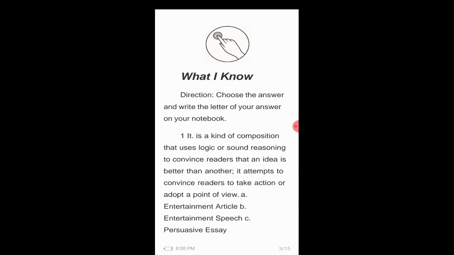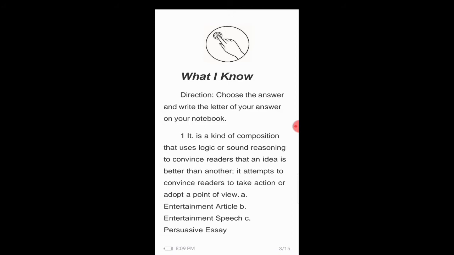In here, it is very common since week 1 until now that we need to answer what I know based on our previous knowledge. So choose the answer and write the letter of your answer on your notebook. Since I told you in week 4, you don't need to answer some of the activities here because we have our summative test.